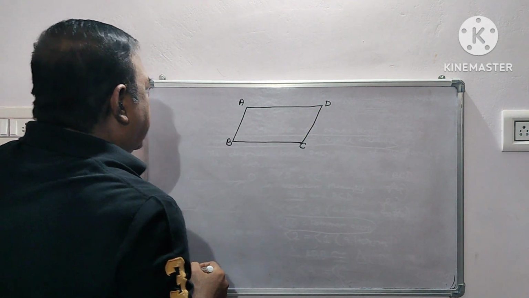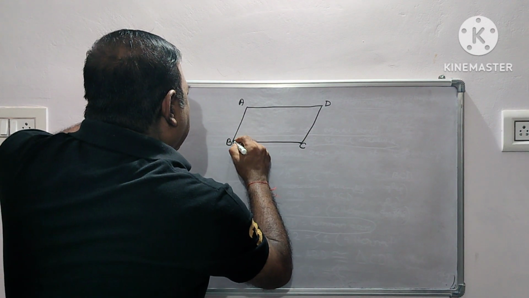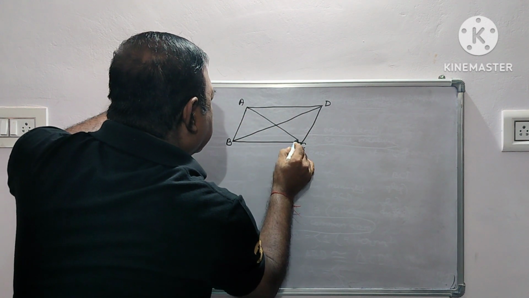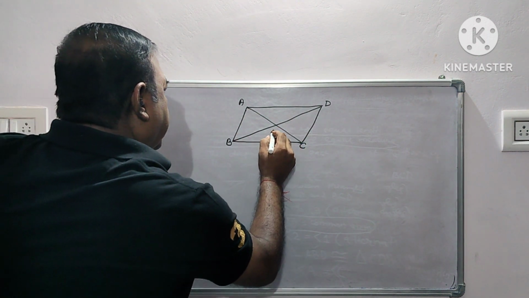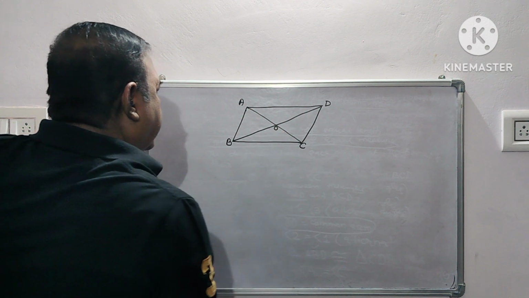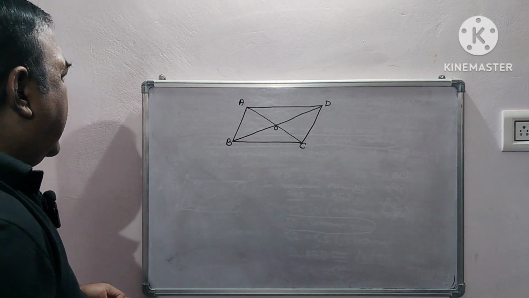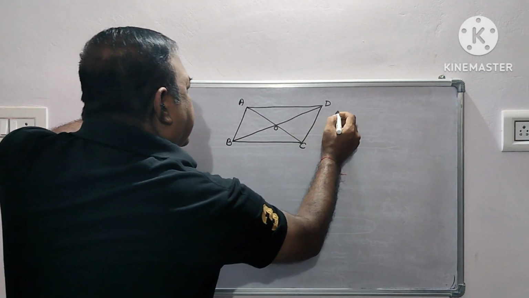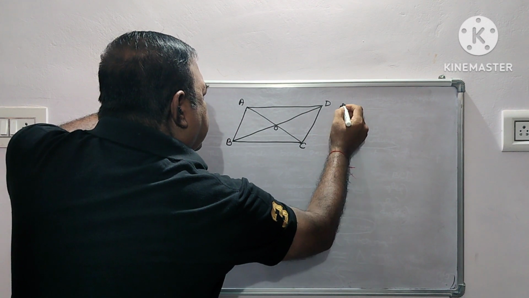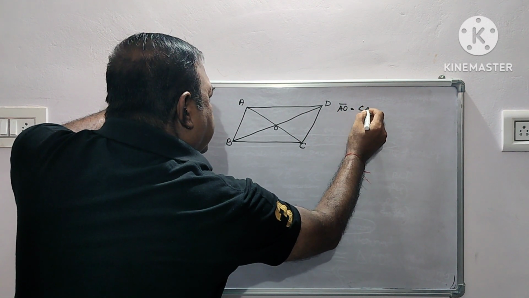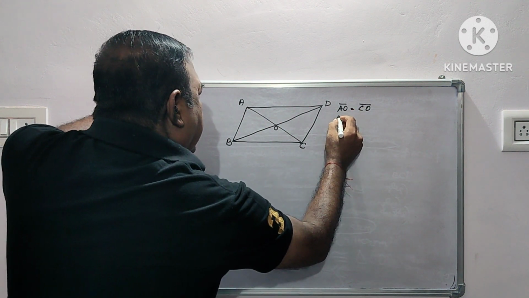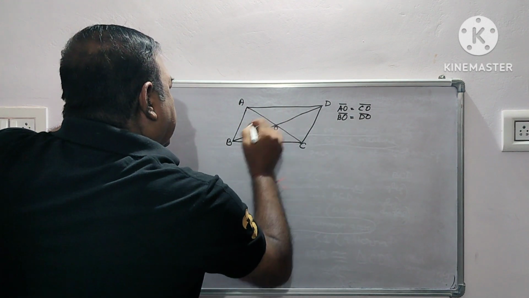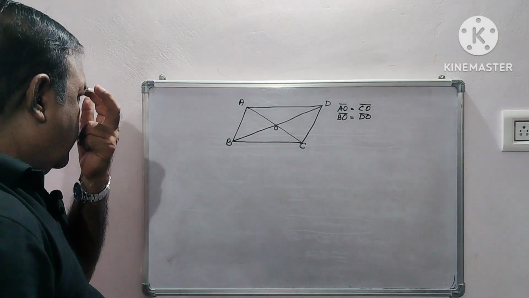This is a parallelogram, and you draw its two diagonals. Let the point of intersection, this point, you name it as O. And what we will have to prove? That the diagonals bisect each other. That means you see AO is equal to CO and BO is equal to DO. We have to prove this. Okay?